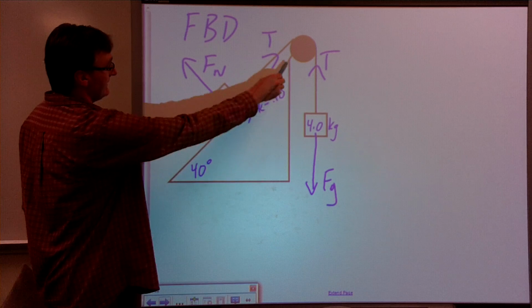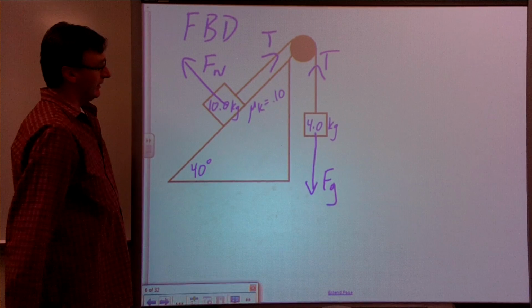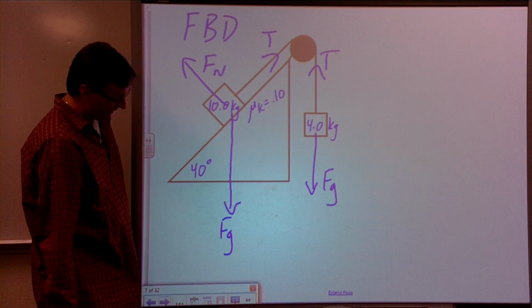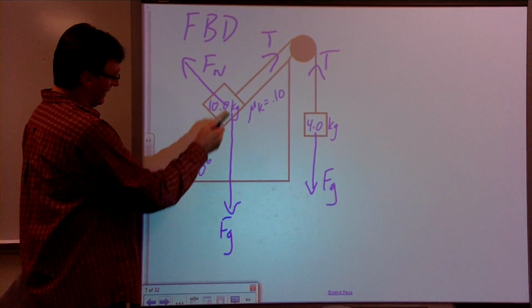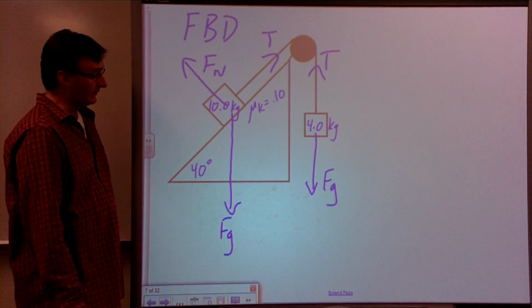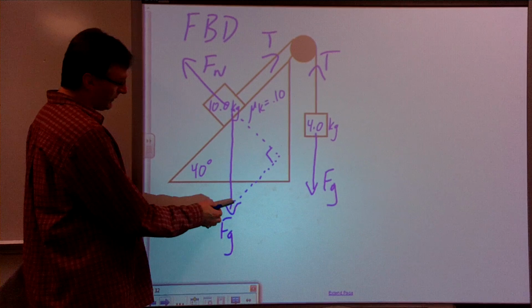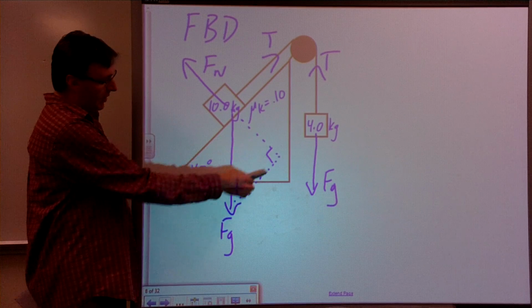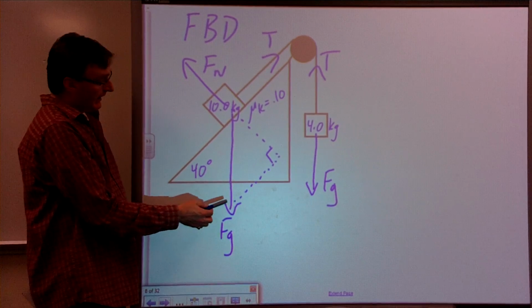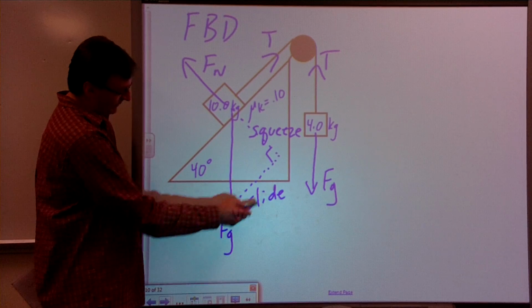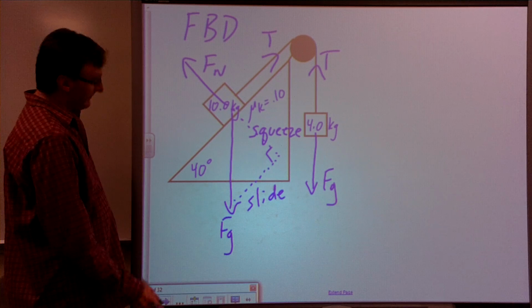We have the tension, and again on both objects we have tension, just in opposite directions. We have the force of gravity on the 10 kilogram object. And then we'll put our force of gravity components on here as well. So we've got our squeeze force, and we have our slide force there.